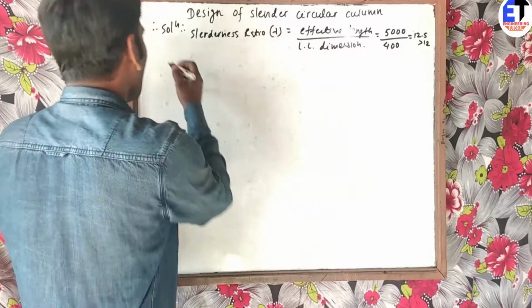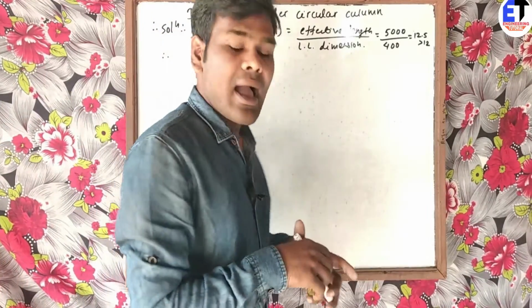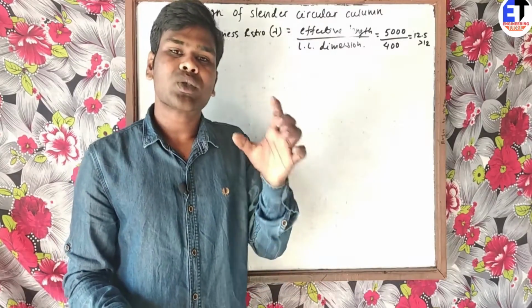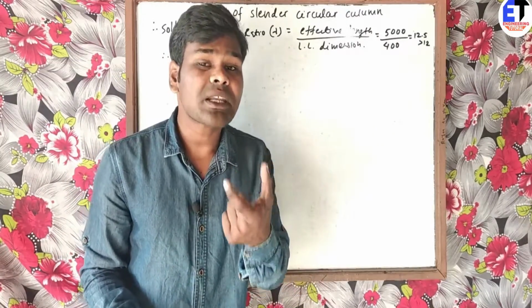Now, the IS code says that every column should be checked for minimum eccentricity.